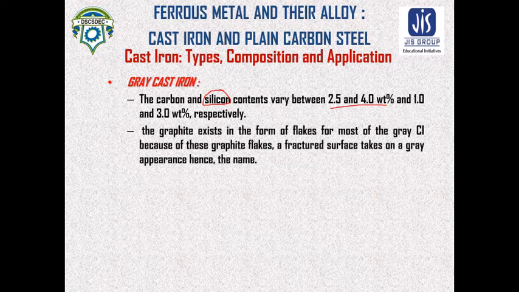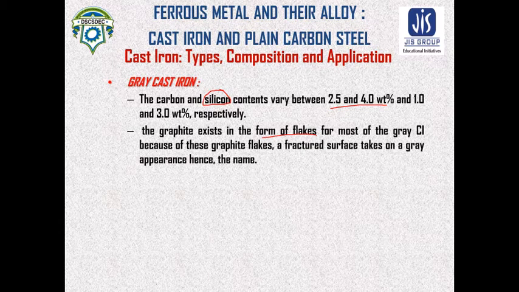Here graphite exists, meaning carbon exists in the form of graphite. In this grey cast iron, the structure of the graphite is in the form of flakes. Flakes means, like the cornflakes that many people take as breakfast.